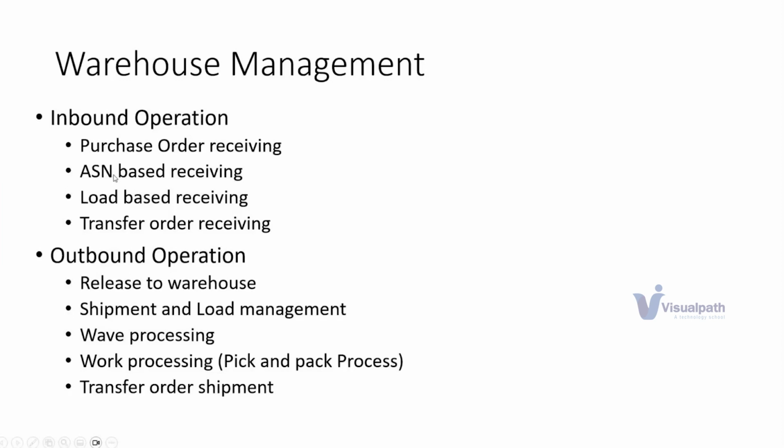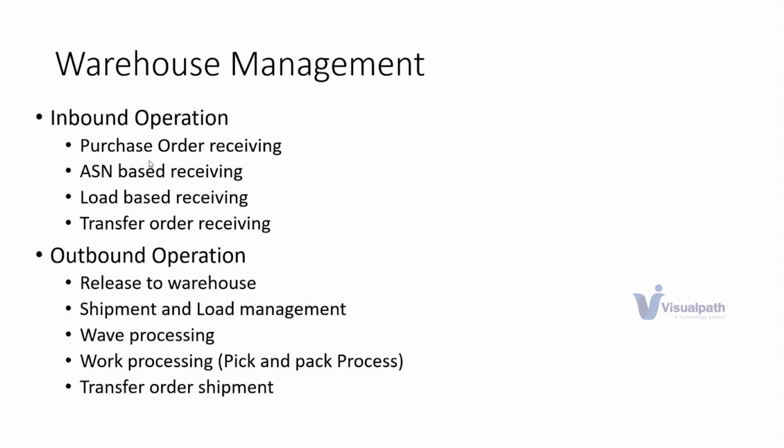The difference is in ASN based receiving. Let's say the vendor is sending you the ASN details. There are multiple orders, or an order with more lines, let's say 10, 20 lines. So the vendor will be sending the ASN details, like what is the license plate, what is the batch, all those details they will be sharing. And based on that ASN detail also we can receive.